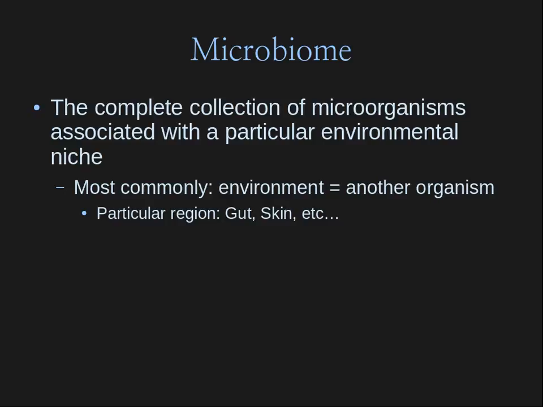And most often when you hear this referred to, that particular environmental niche is an organism, some other organism, like you. And oftentimes these are broken down into a particular region of that organism, say, for instance, your gut microbiome, or your skin microbiome, or something else like that.